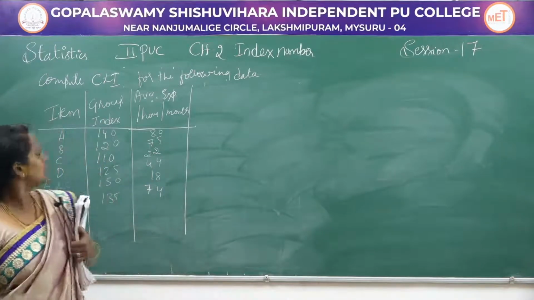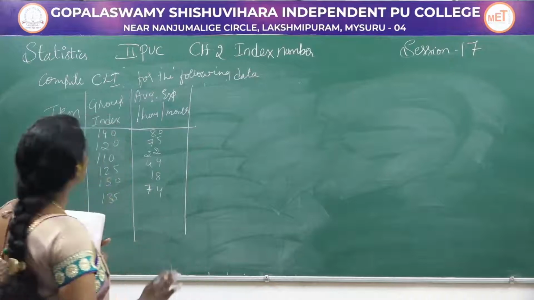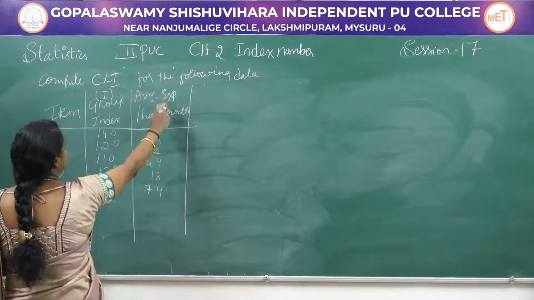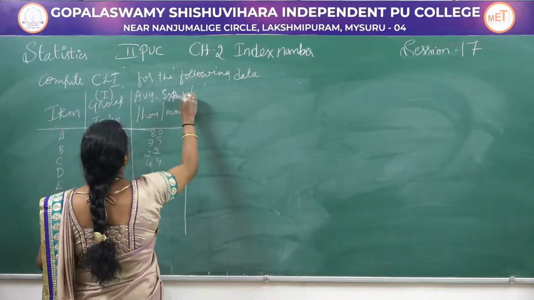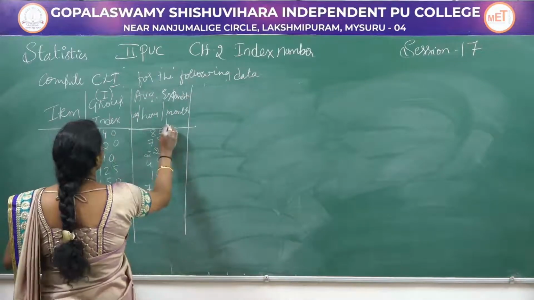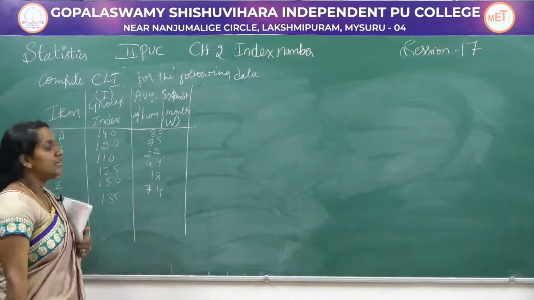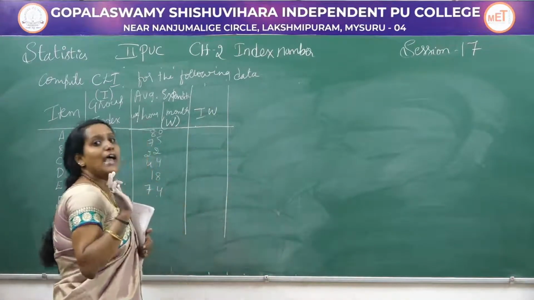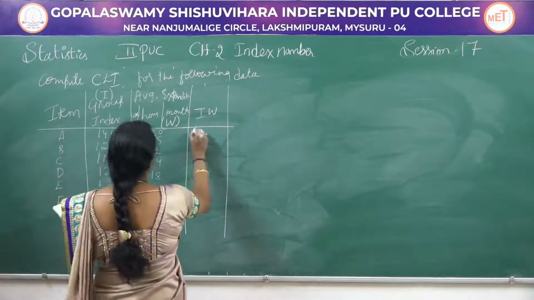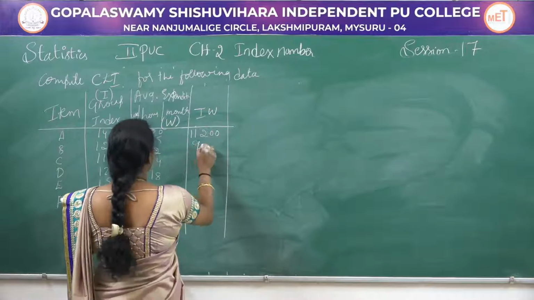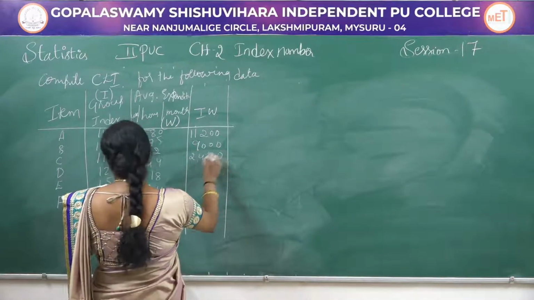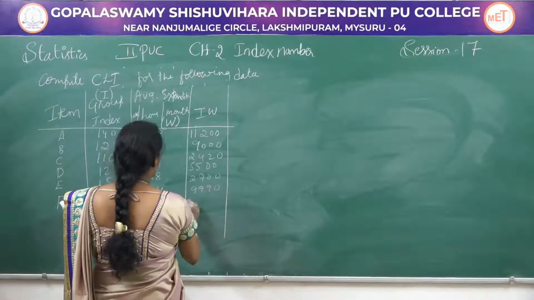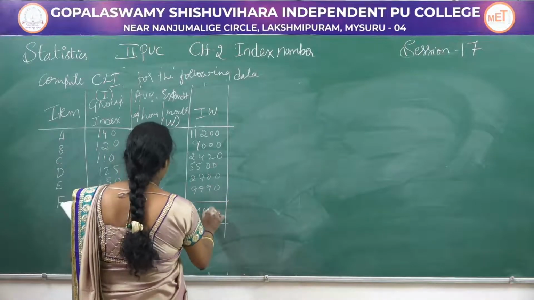See here, they have given only the average expenditure per hour per month and the group index. That group index, let us denote this by I. And this average expenditure, we will take this as expenditure W. You just take the product of I into W, that is index into the expenditure. I will write down the values. Take the sum of this, it is 40810.